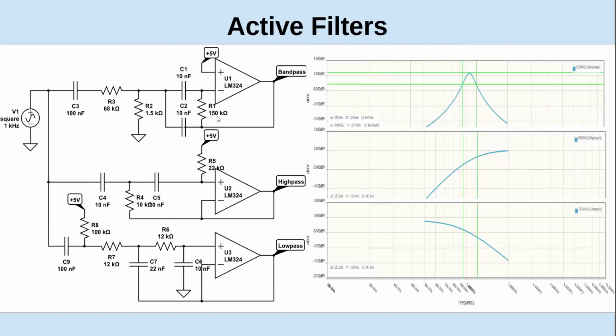Now, here's an example of our old operational amplifier, because you can do anything with an operational amplifier. So you can make band pass, high pass, low pass. You could even do a notch or band reject filter. And all you're doing is putting either a high pass or low pass feedback network around the operational amplifier.